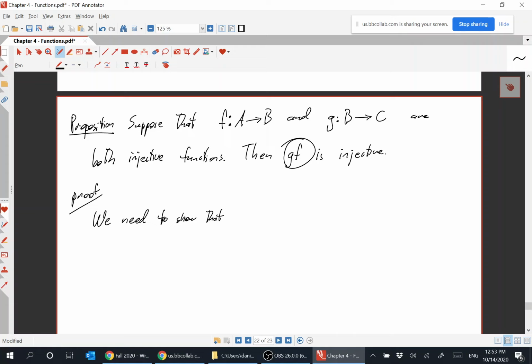What does it mean for g f to be injective? The strict definition, not the more intuitive one. Come on, guys.